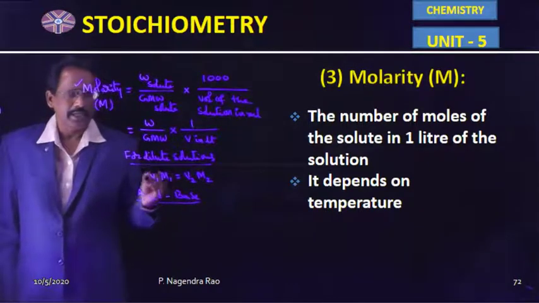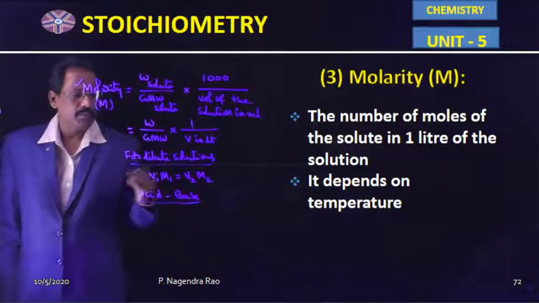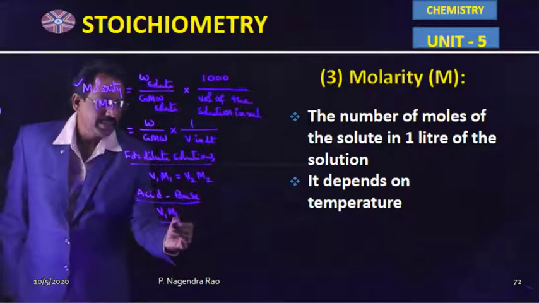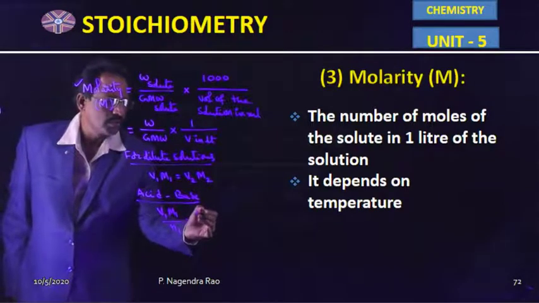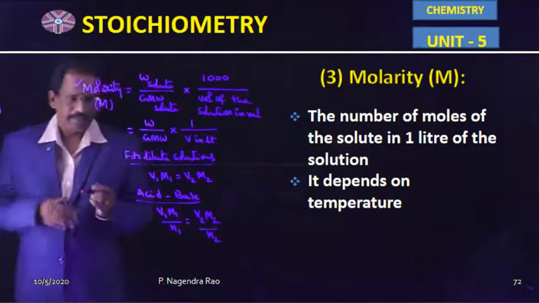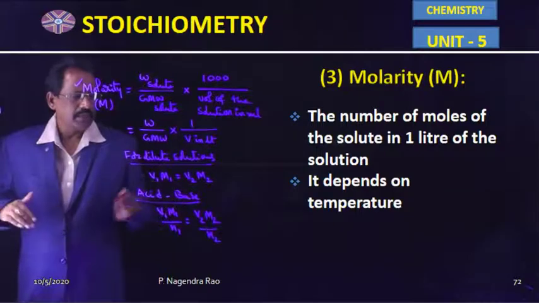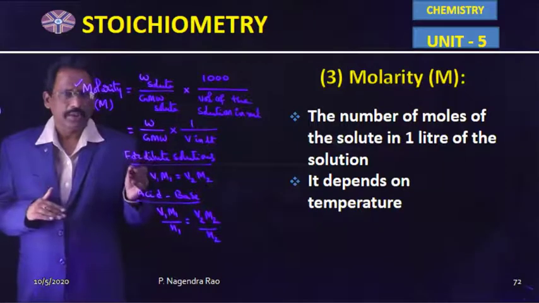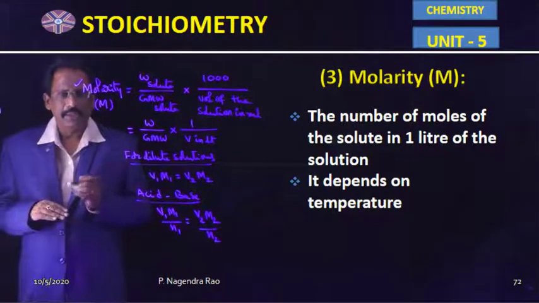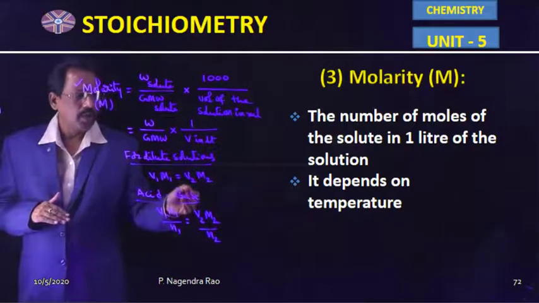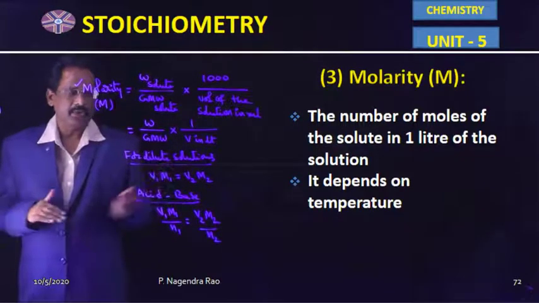In this reaction, according to the rule of molarity, V1 M1 divided by N1 is equal to V2 M2 divided by N2, where V1, M1, N1 are the volume, molarity and number of moles of the given acid in the acid-base neutralization reaction, and V2, M2, N2 are the volume, molarity and number of moles of the basic solution.